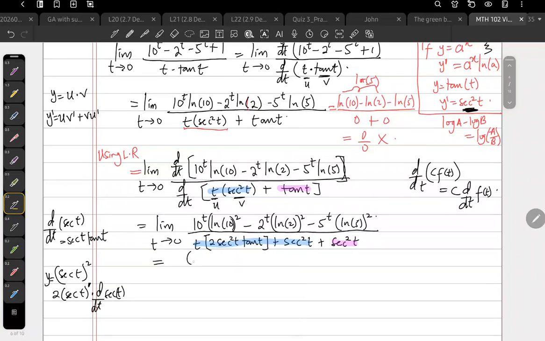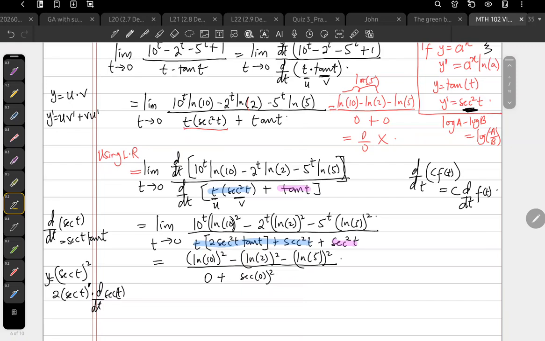So we end up with natural log of 10 squared minus natural log of 2 squared minus natural log of 5 squared, divided by, in the first part, t times anything, when t equals 0, all of those will go away, plus sec squared 0. Sec squared 0 means sec 0 squared plus sec 0 squared. So that's 2 of them.